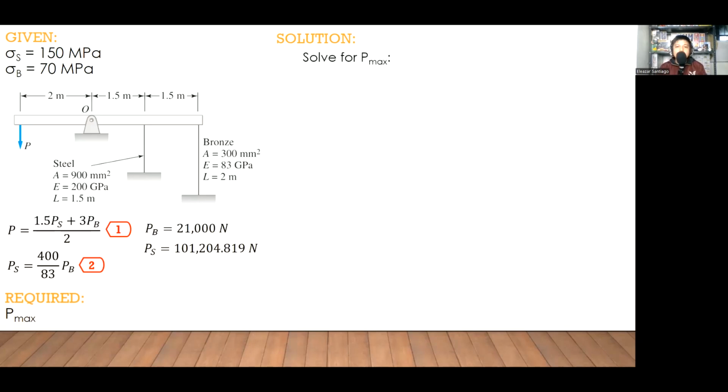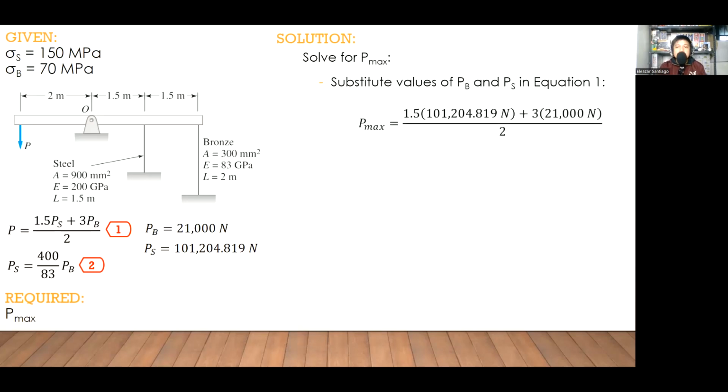Now, for us to determine the value of the maximum P, we have already the values of our PB and PS. Therefore, let us substitute these values in our working equation number 1. So for our P max under equation number 1, it is equal to 1.5 times the value of PS, that is 101,204.819 newtons, plus 3 times the value of our PB, that is 21,000 newtons.